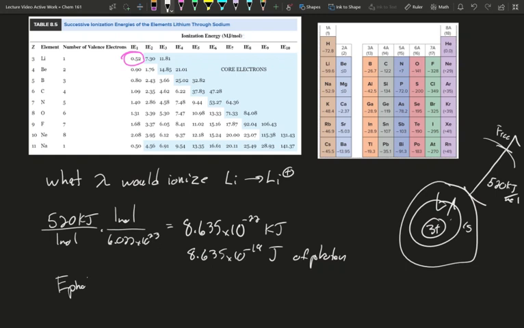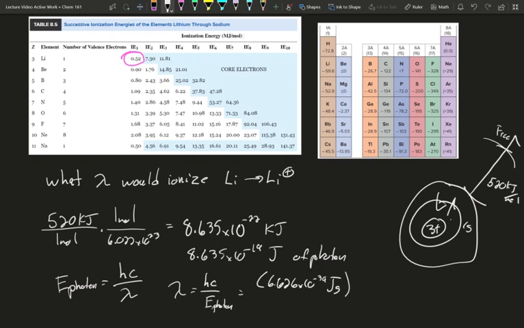The energy of a photon was equal to hc over lambda. I'm trying to find the wavelength, so this is great. I can rearrange. My lambda is hc over the energy of that photon. Planck's constant, 6.626 times 10 to the negative 34 joule seconds.